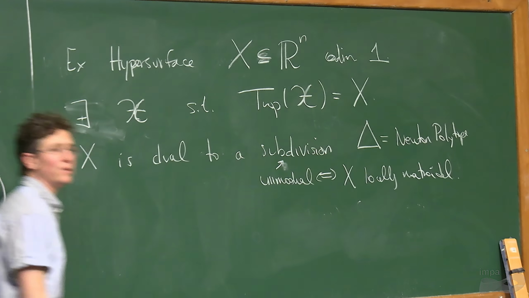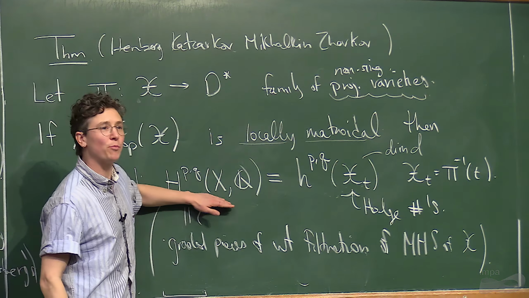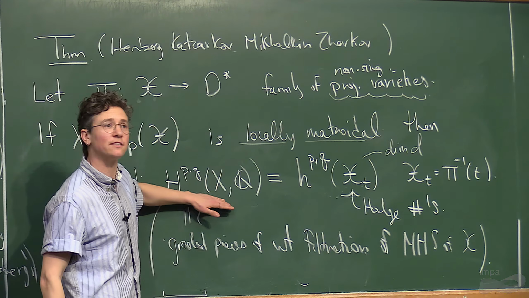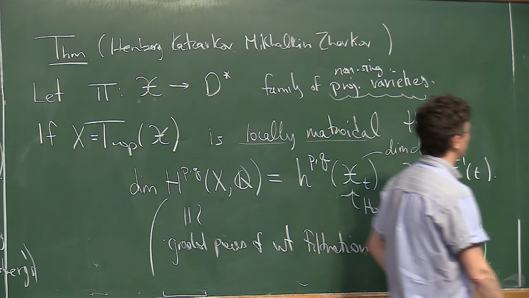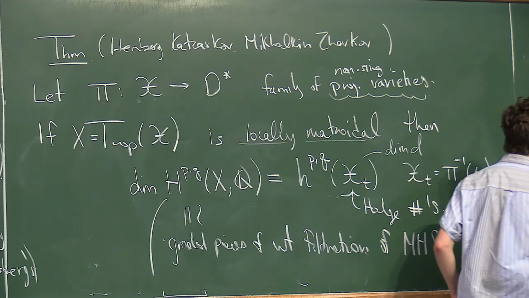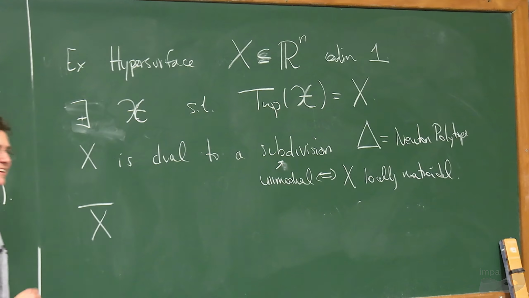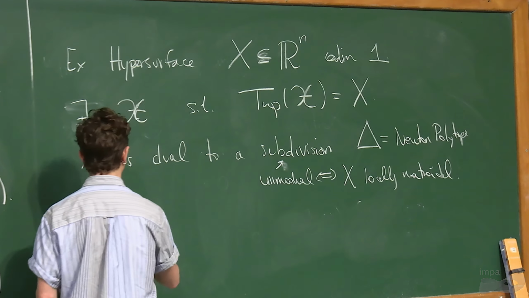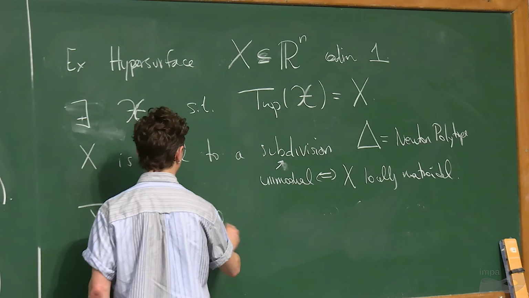So here we're in the situation of this theorem. We know all of the tropical Betti numbers with Q coefficients as long as we know the Hodge numbers. And here, not yet. Let's take X bar, the projective compactification, the extended tropicalization.